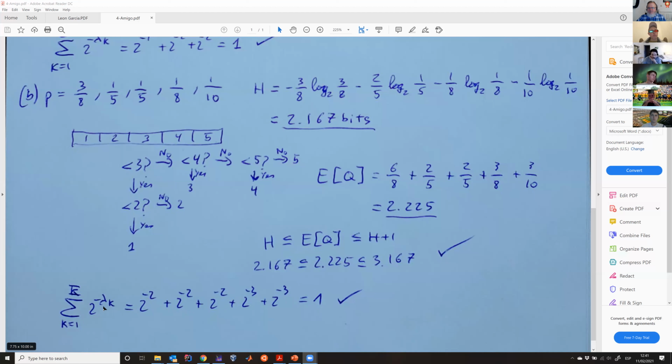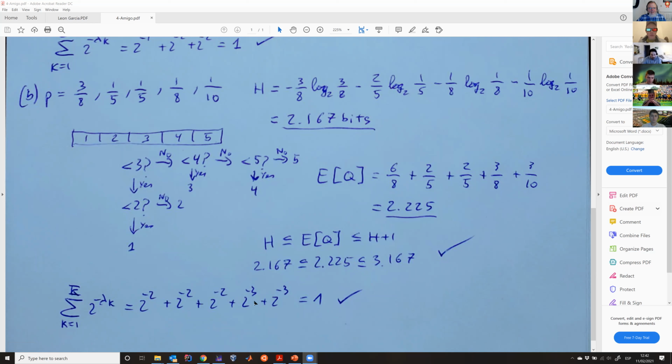That was probably the same result, wasn't it? Or did you do that? Glauco, you're muted. Sorry, I was speaking for a long time. I did this at the bottom, and I added all the probabilities, and I got 1.